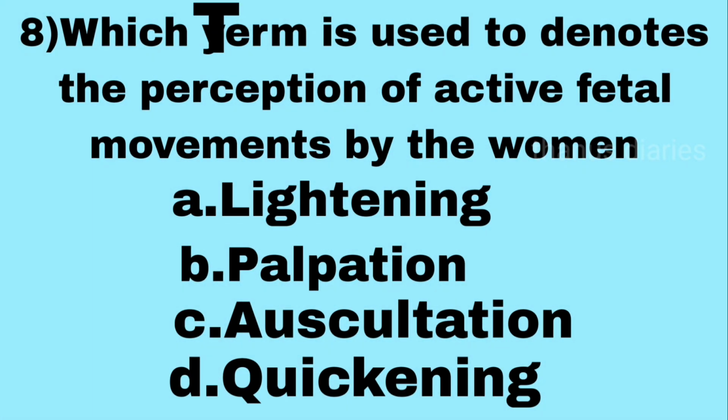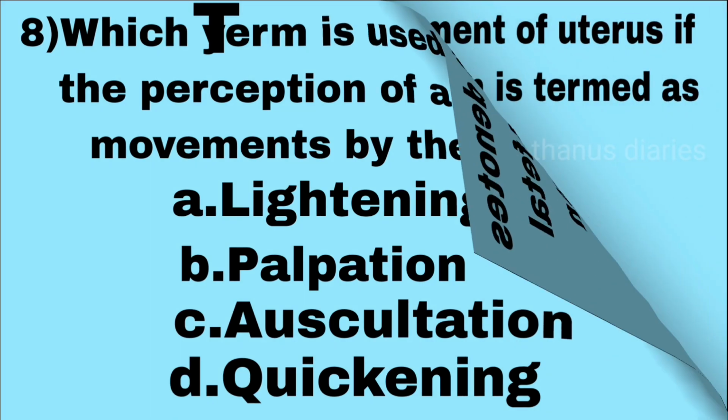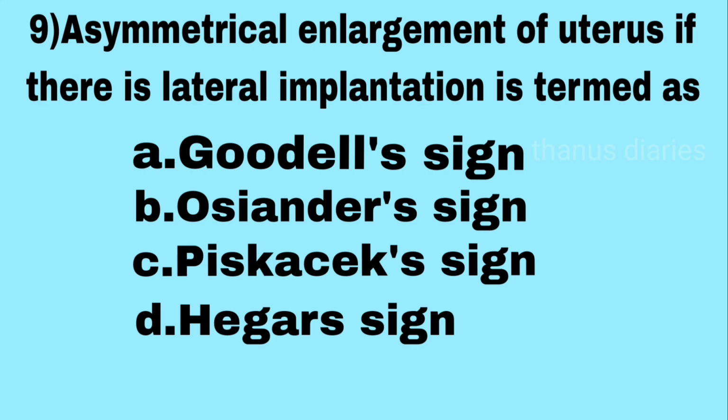Next question, which term is used to denote the perception of active fetal movements by the woman? Lightning, palpation, auscultation, quickening. The answer is quickening. Next question, asymmetrical enlargement of the uterus if there is lateral implantation is termed as: Goodell sign, Osiander sign, Piskacek sign, Hegar sign.